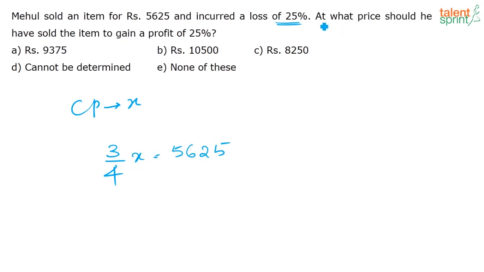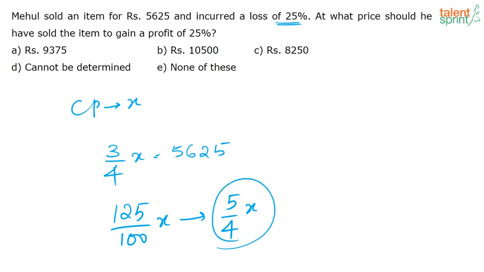Now the question is, at what price should he have sold the item to gain a profit of 25%? To gain a profit of 25%, he should be selling it for 125 by 100 of X, or 5 by 4 of X, correct? This should be his selling price. Here X is equal to 5625 into 4 by 3, correct?